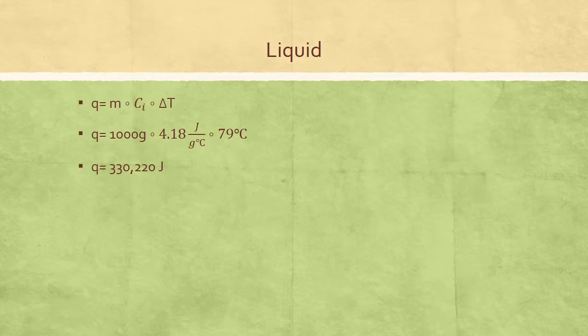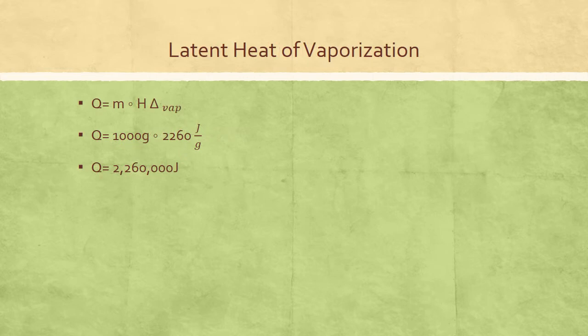That equals 330,220 joules. The next step is to determine how much energy is required to take that 1,000 gram water from the liquid state up to the gas state. And to do this, we use the latent heat of vaporization, which is Q equals m times H of delta vaporization.